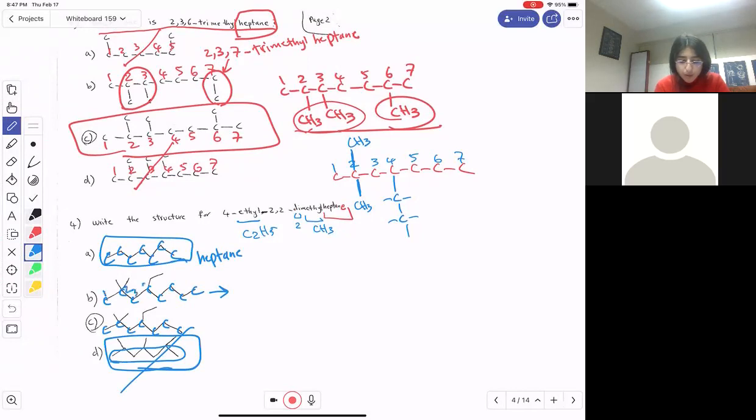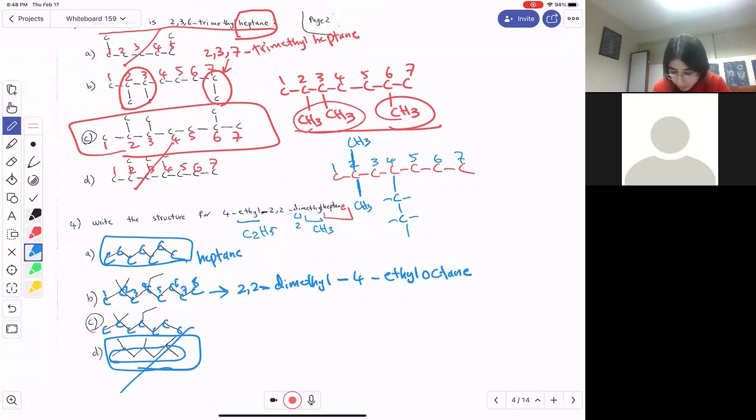1, 2, 3, 4, 5, 6, 7, 8. This would be 2,2-dimethyl, 4-ethyl octane. And remember, when you write this, you should write ethyl first.